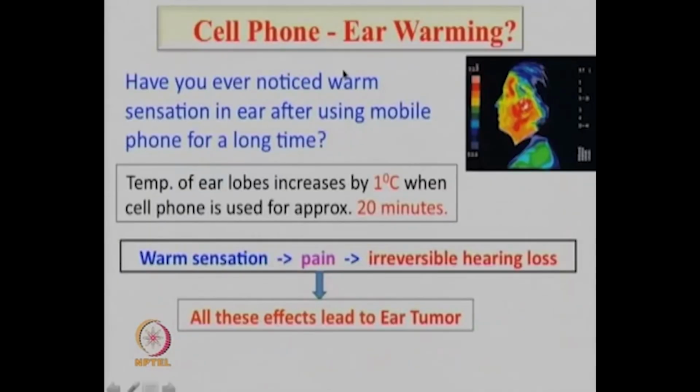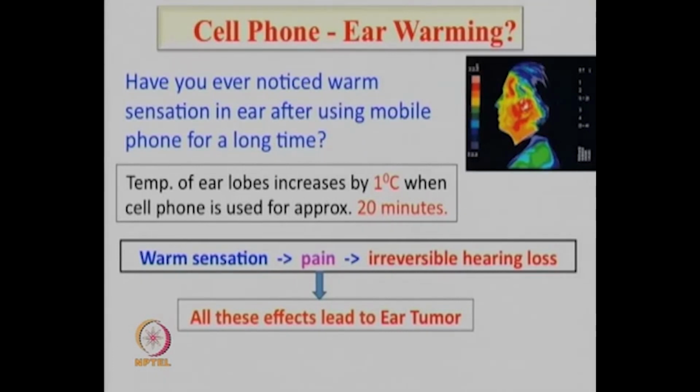Let me ask a very, very simple question: have you noticed that if you use your cell phone for about 20 to 30 minutes, your ear gets warm? In fact, when I ask the audience, 80 to 90% of people raise their hand. So what is really happening? When you keep the cell phone next to your ear while making a call, there is radiation from the mobile phone.